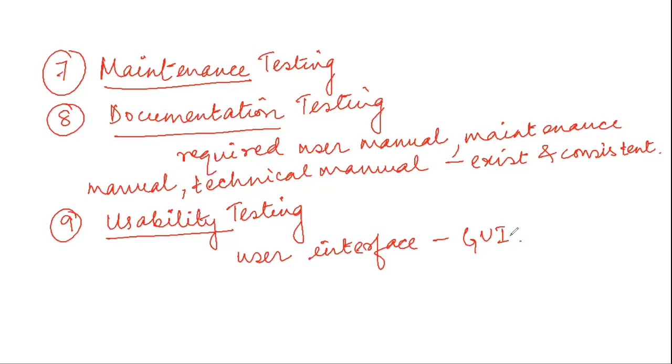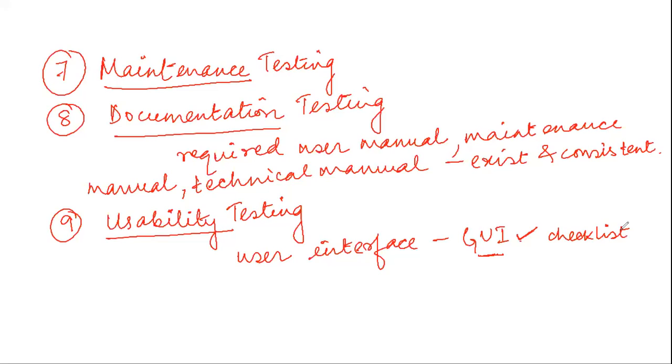So what is the major thing with this GUI? Just being functionally correct is not enough, because this GUI needs to be checked against the checklist provided in my SRS document. That is the GUI which the user has longed to have, whether that GUI is there or not.